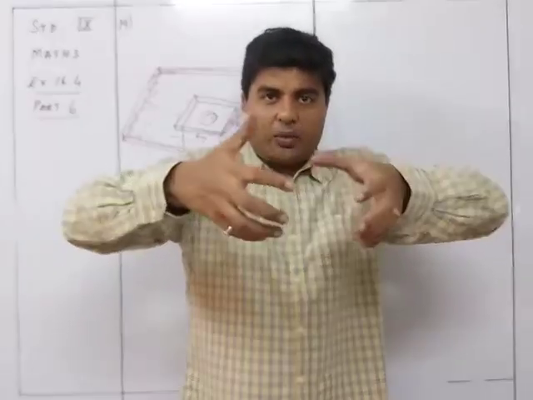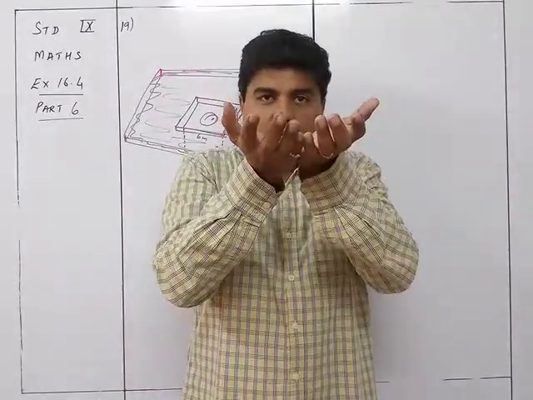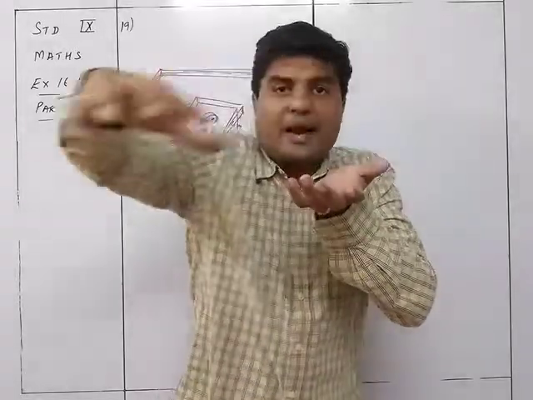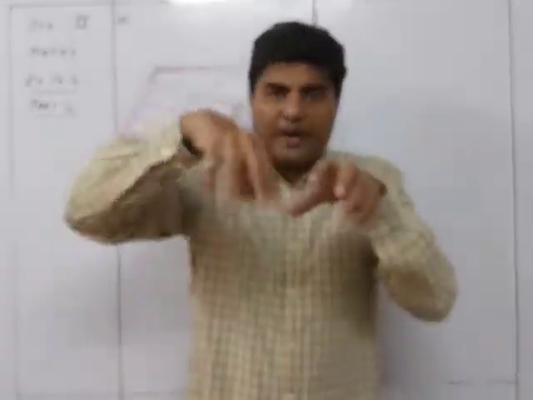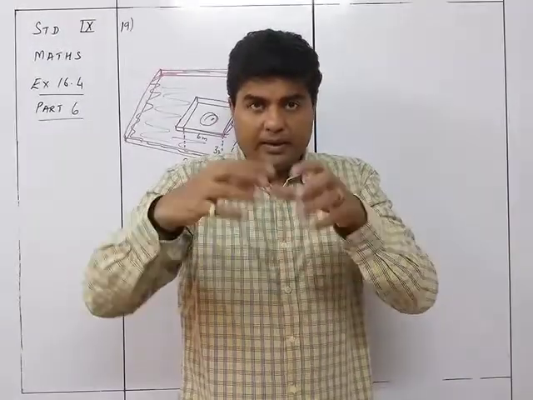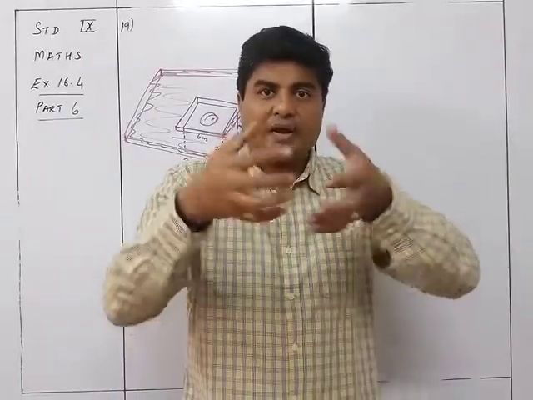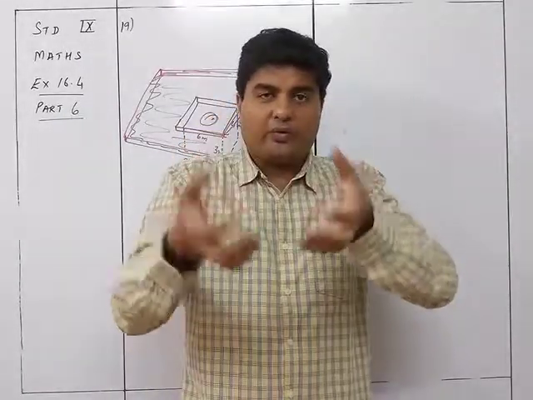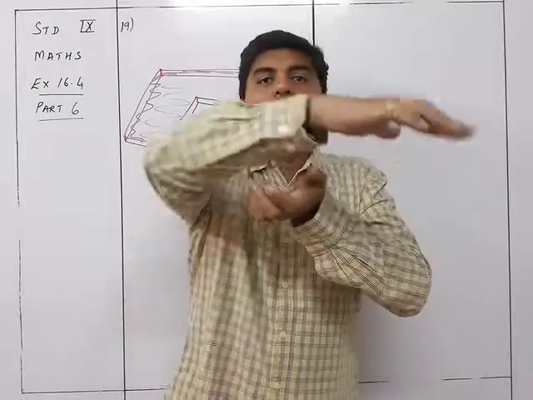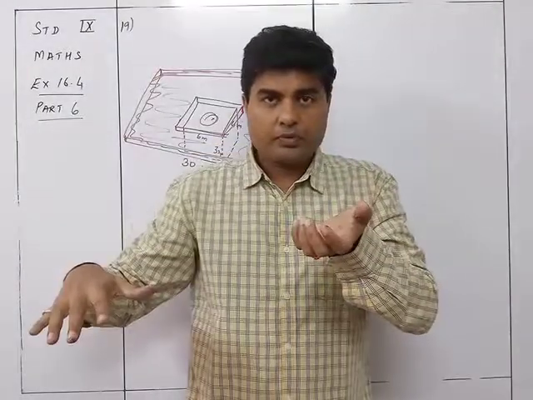After digging out, whatever soil was removed, I spread it around that particular hole which I dug. The volume which I took out over here was the volume spread over here, right?